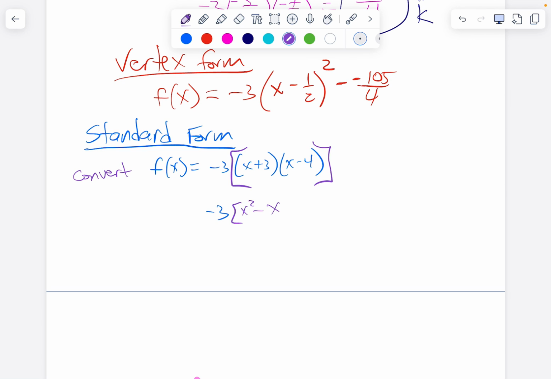Yep, just minus x, and then minus 12 from the 3 times -4. And then distribute that -3. I promise this will go better if you do it this way. So that is how you go to standard form from factored form. Just redistribute is really all we're doing.